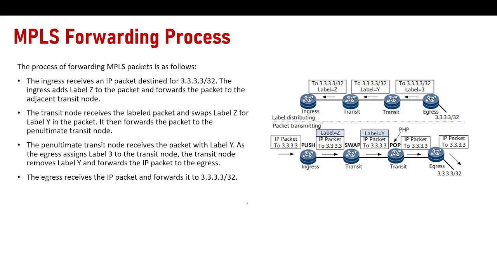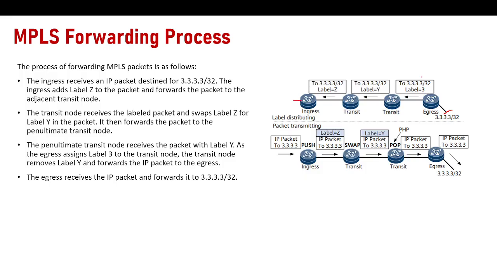The forwarding process is something that you need to understand. Remember, we've mentioned that MPLS will forward packets by doing some operations: the pop, the push, the swap. First, we need to do the label distribution. This is the destination network, and it needs to be accessed from the ingress device.